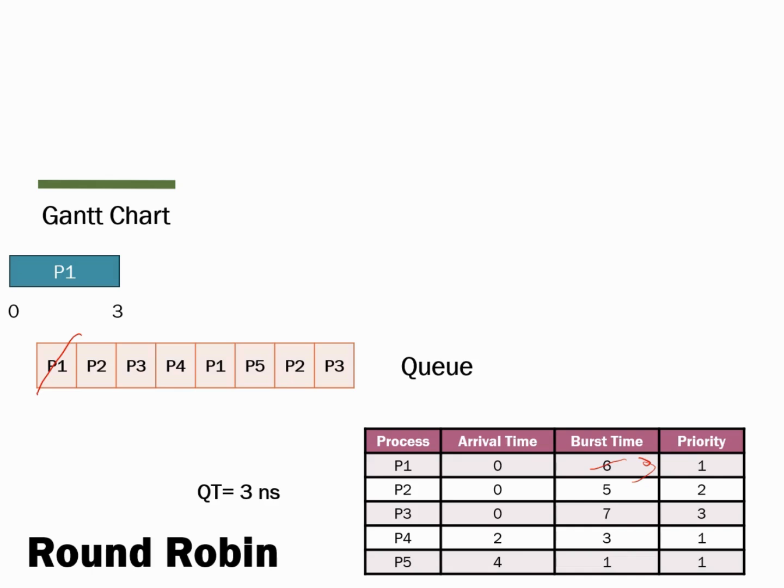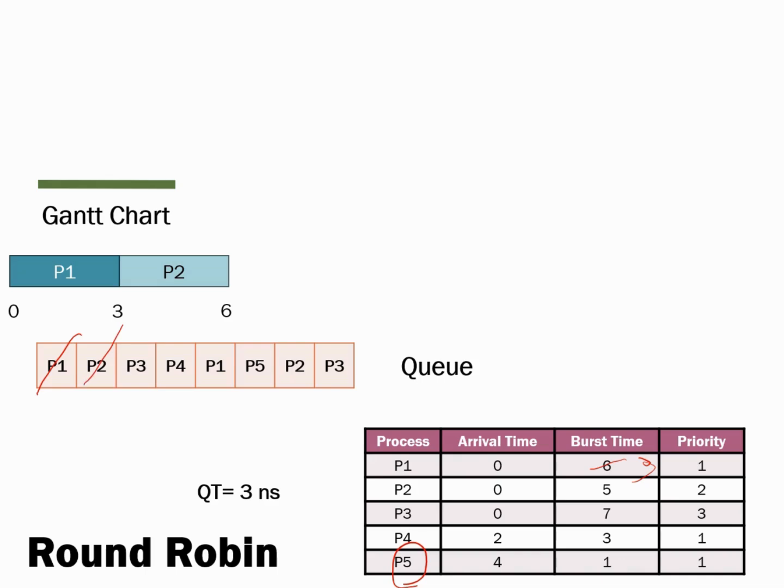Based on the queue, we need to schedule P2. So P2 got the CPU between 3 to 6, and between 3 to 6, another process, P5, is coming to the ready queue, so it's added to the queue here. After completion of P2, P2 is also added at the end of the queue, like this.